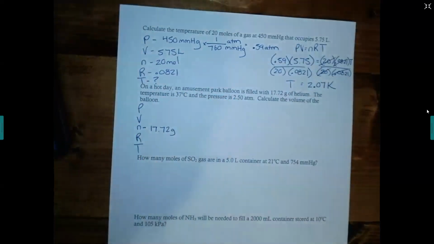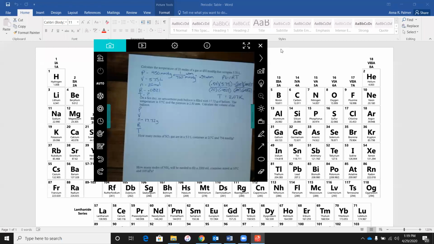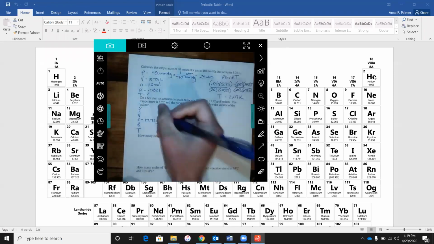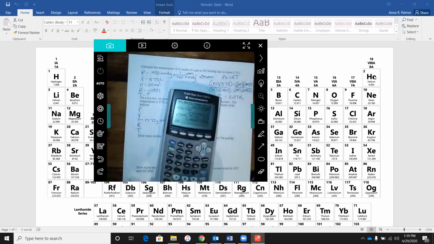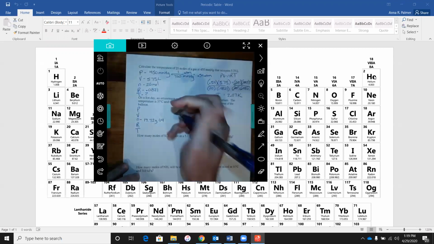And remember, we need to convert that into moles. How do you do that? Grams to moles, you divide by the molar mass. So we need to look at helium. Helium's molar mass is 4. So 17.72 divided by 4 gives me 4.43 moles.